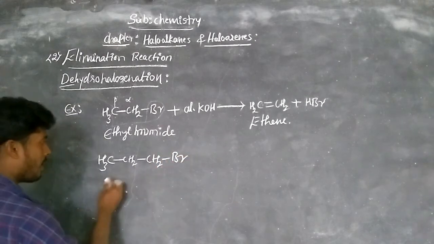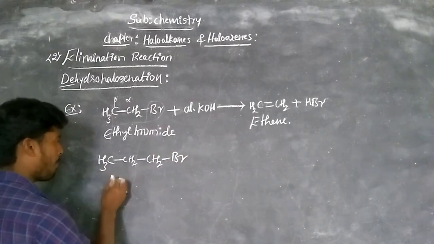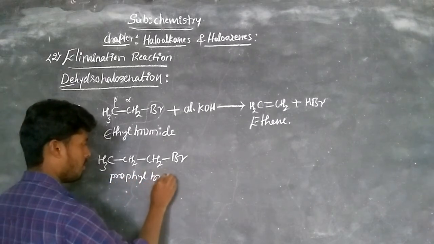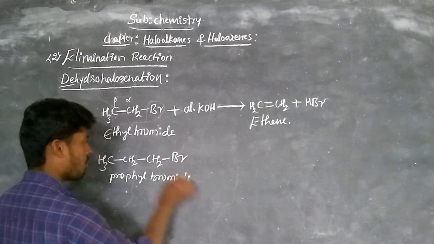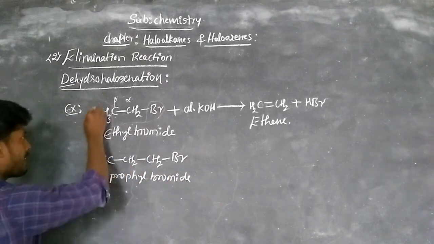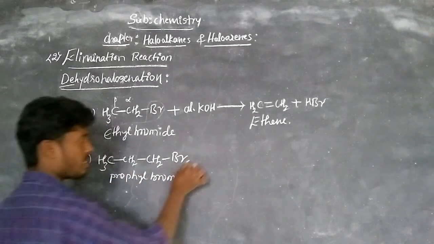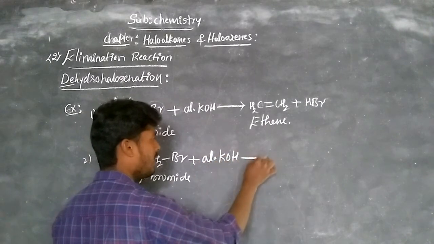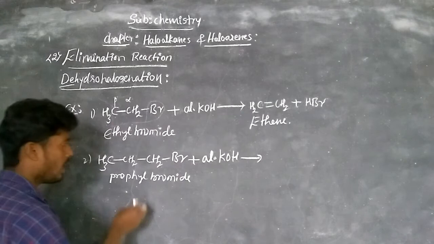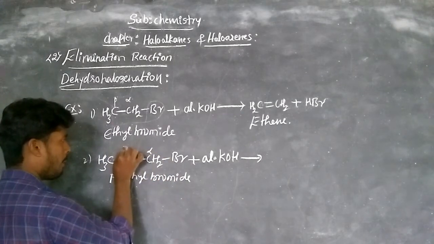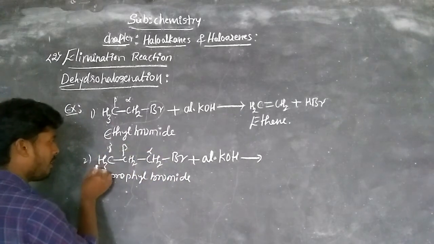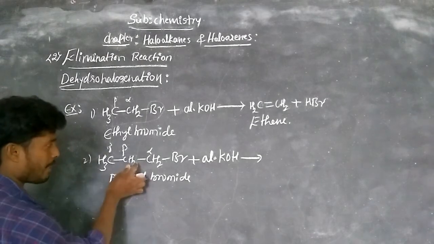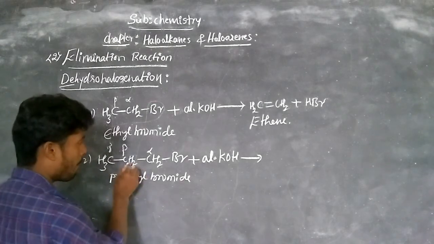Now take one more example, that is CH3CH2CH2Br. This is called propyl bromide, because it has 3 carbon atoms. This is example 2. It is treated with either alcoholic potassium hydroxide or sodium hydroxide. Now this is the alpha carbon, beta carbon and gamma carbon. Here the hydrogen is removed from the beta carbon.